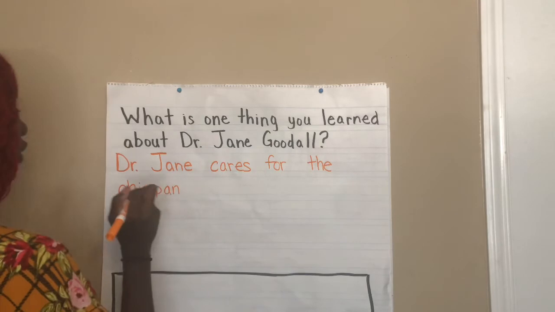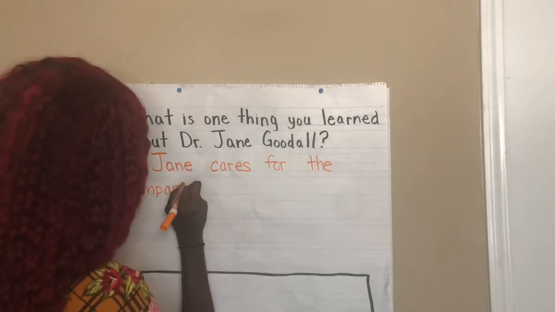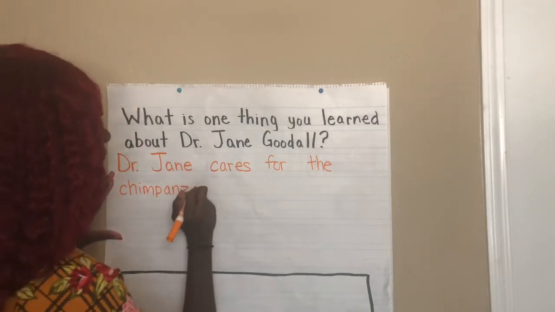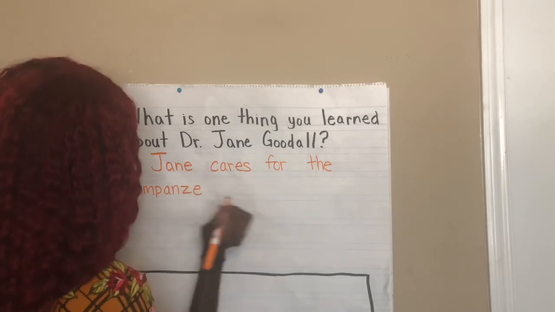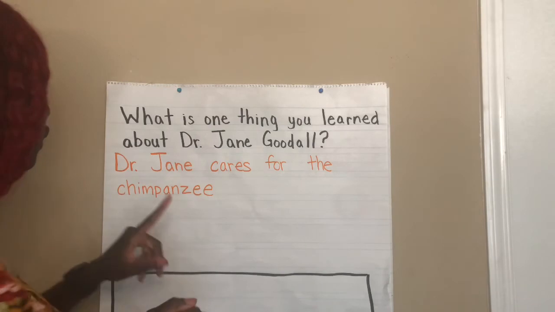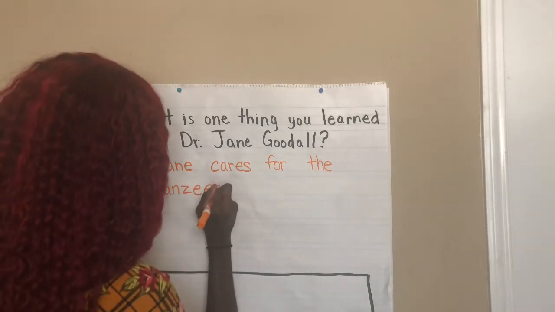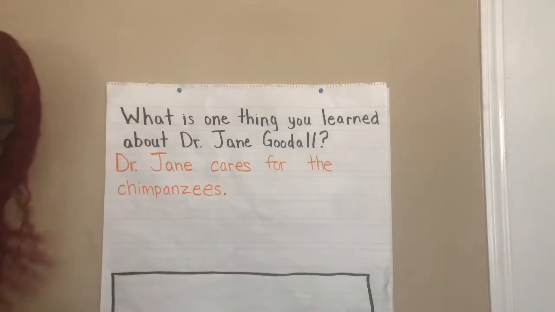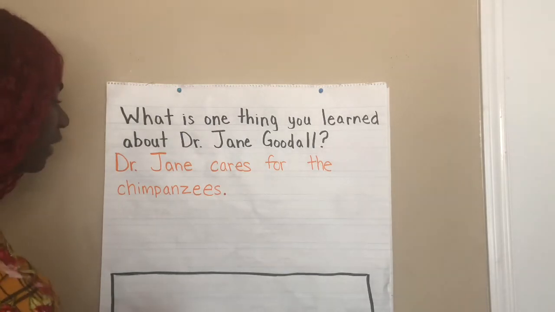Z, chimpanzee, Z, E. Then it makes a double E. Dr. Jane cares for the chimpanzees. Then period, because all of our sentences end in a period.